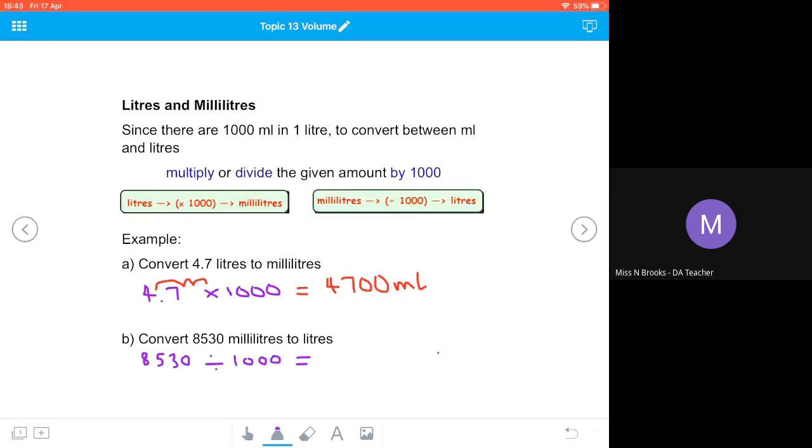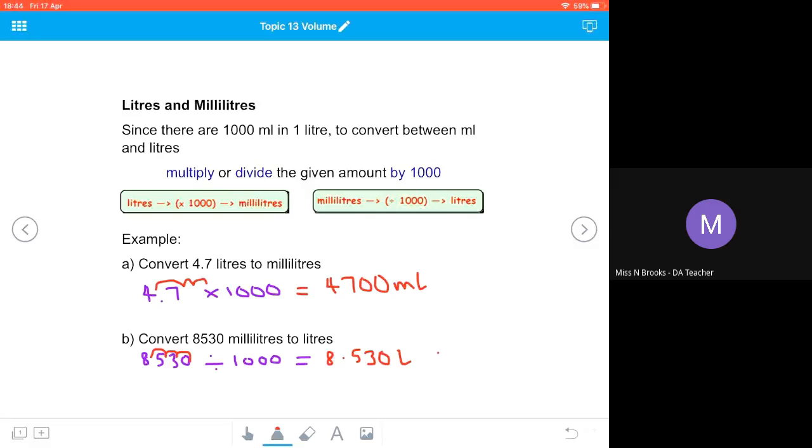We're jumping to the left. So we're going to jump from after the 0 to before the 0. That's one jump, before the 3 and before the 5. So our decimal point is going to end up between the 8 and the 5. So that's 8.53. And you can write the 0, you don't really need the 0. And you can use an L for litres.